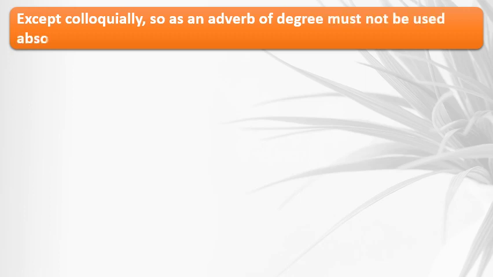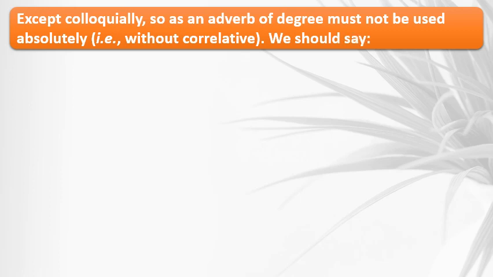Now, the adverb of degree. Adverbs of degree show how much, or in what degree, or to what extent. They must not be used absolutely, that is without a correlative. It means there should be a correlation between words. So the adverb of degree should not be used without correlation.